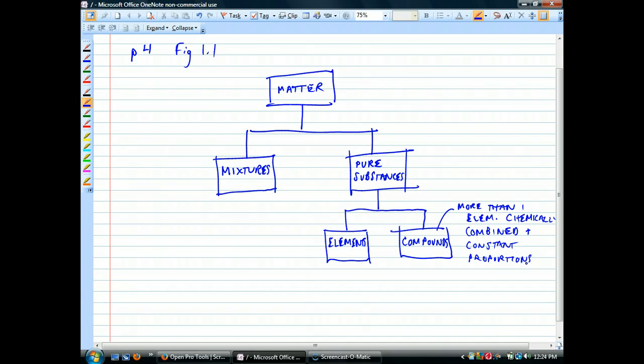So in other words, it's H2O, not H3O or H4O. It's H2O. So it's a constant proportion, and that leads to a constant percentage. So if you were to weigh them, they're always the same percentage. Table salt is always the same percentage. Salt is around 35 or something like that. Always the same percentage sodium, same percentage chlorine.